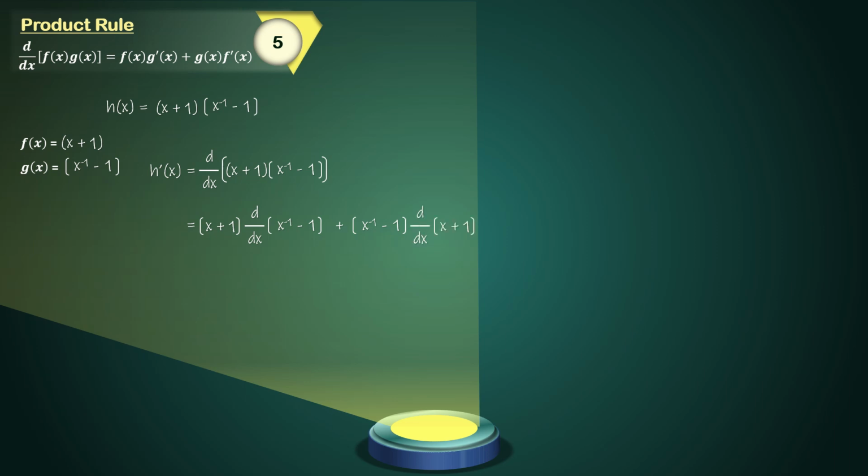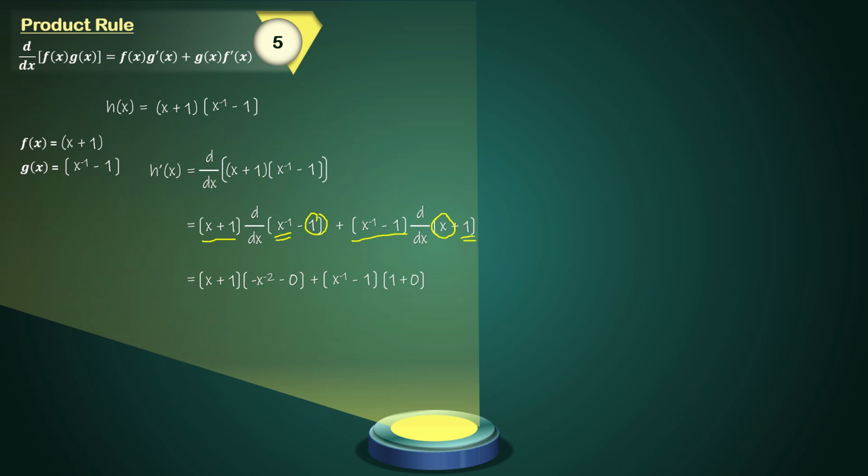Get the derivative for each term, and it is equal to x plus 1 times the derivative of x raised to negative 1, which is negative x raised to negative 2, minus the derivative of 1, which is 0, plus x raised to negative 1 minus 1 times the derivative of x, which is 1, plus the derivative of 1, which is 0.